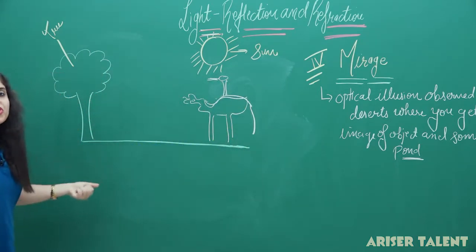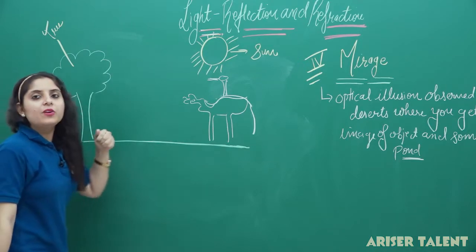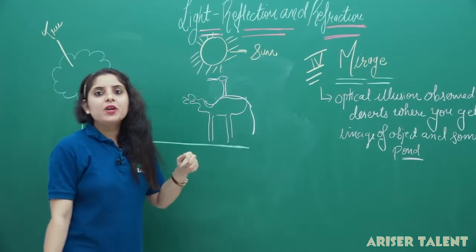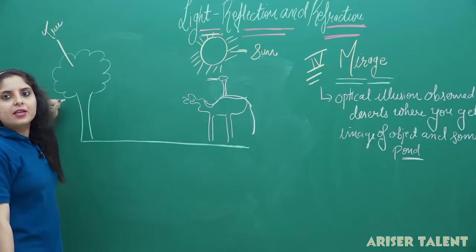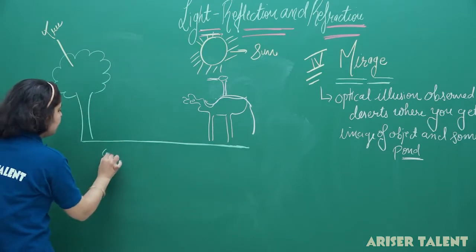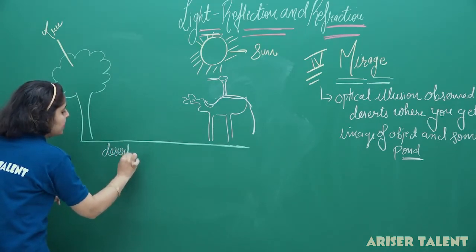This is the whole picture we are seeing here. Now, what will happen in case of the mirage? There is a tree, assuming this is a desert.